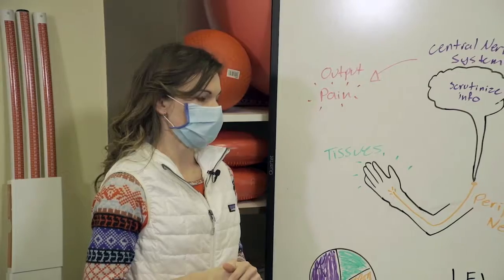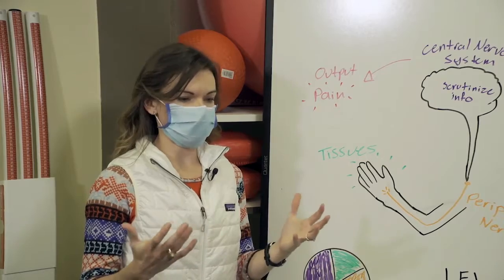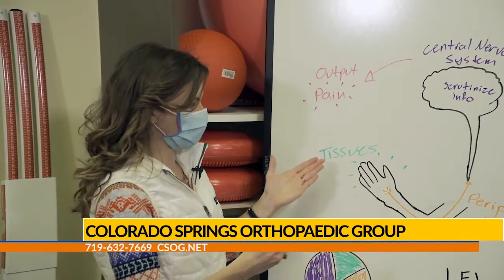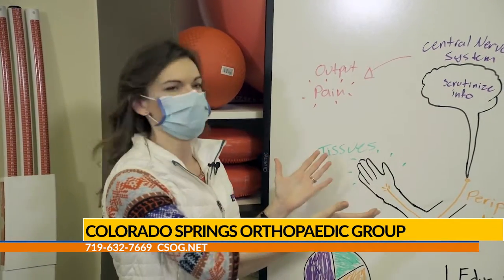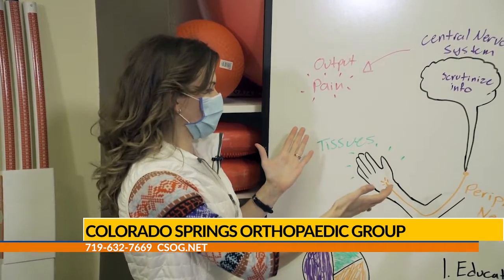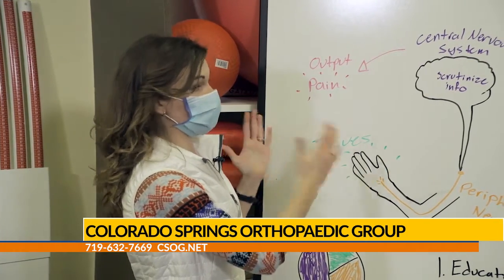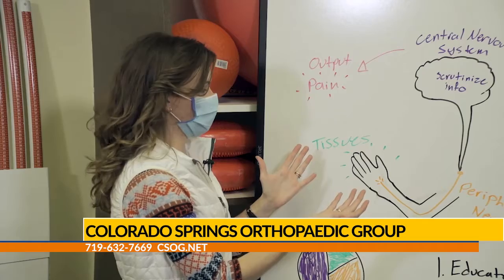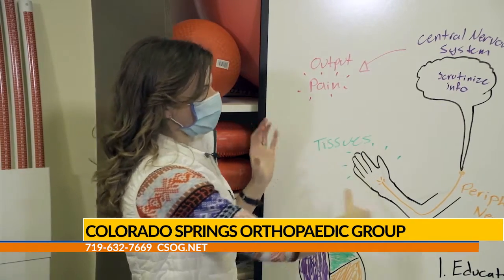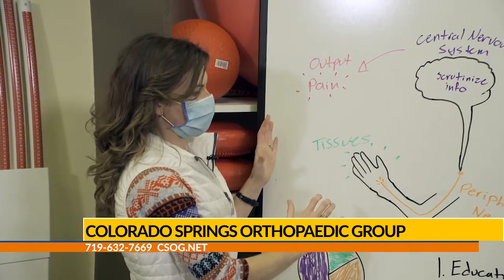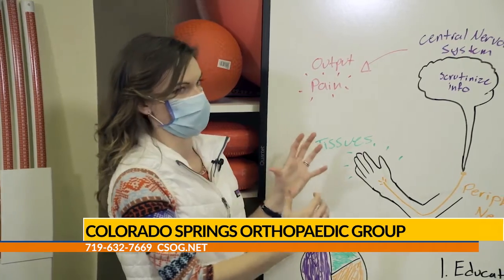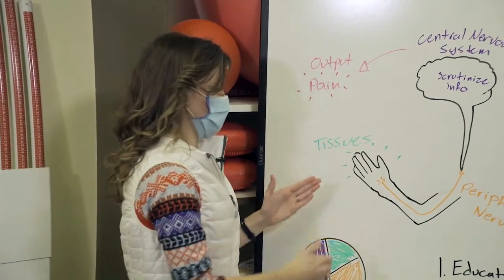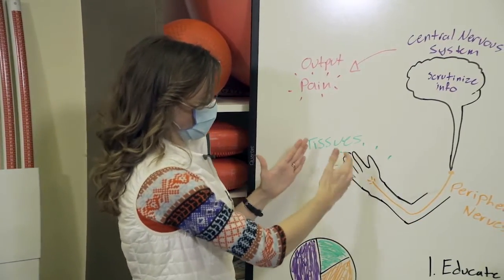What causes pain? A lot of people kind of know how pain is caused. You have some type of stimulus to your tissues, and it doesn't feel good. But I think a lot of times we don't think about what happens after that stimulus. I'm going to go through this picture to explain how we experience pain. First you have the tissues.